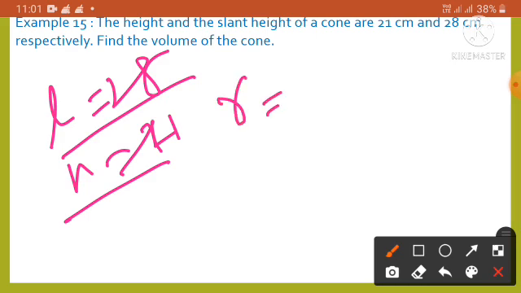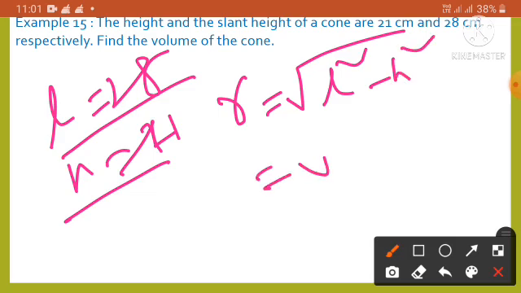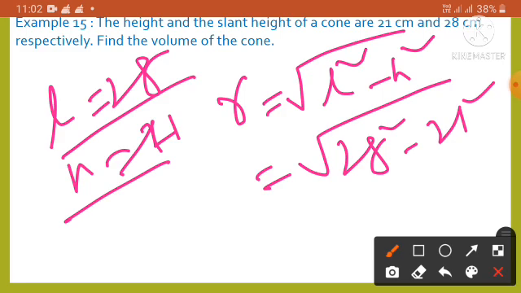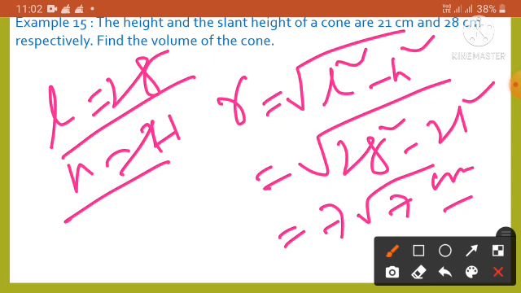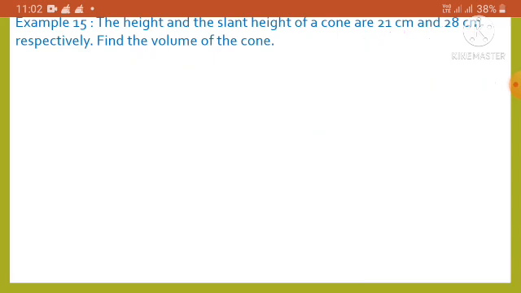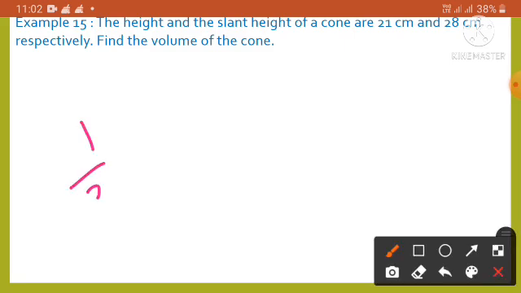So we can easily find the value of r. r will be root over l square minus h square, so it will be root over 28 square minus 21 square. So we will get 7 root 7 cm for r. Now we know the volume of the cone is equal to 1 by 3 pi r square h.